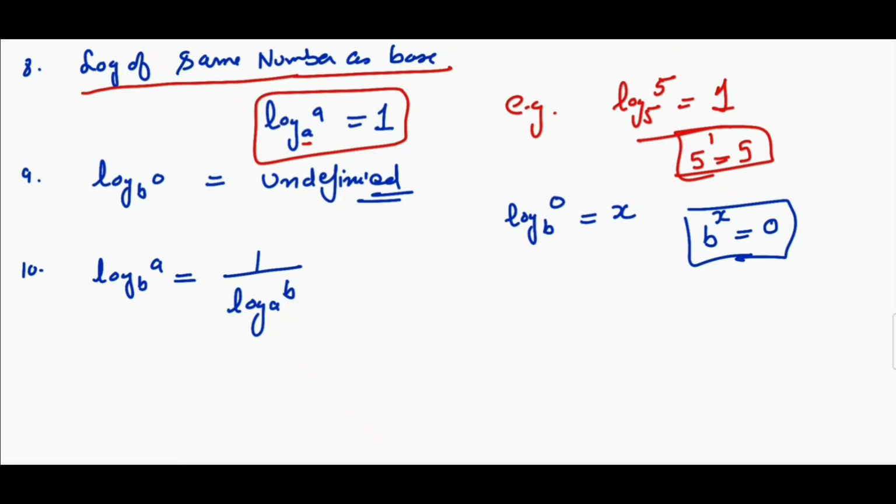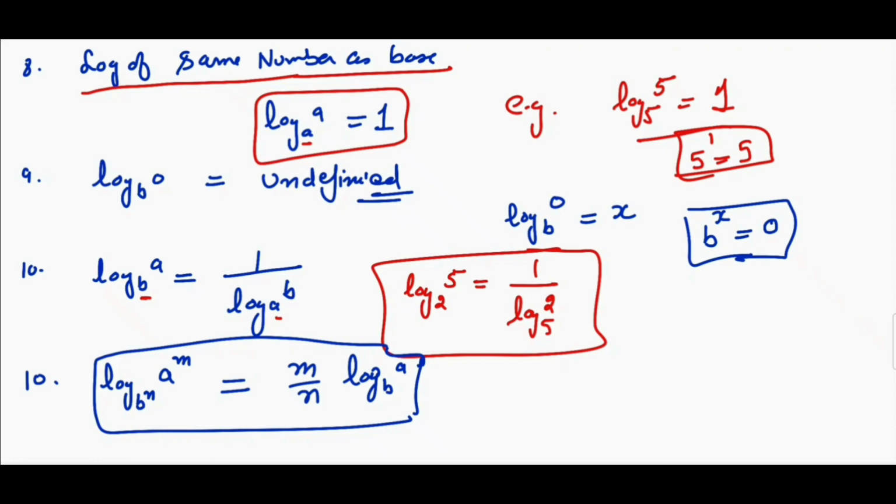We have the log of a base b is always equal to 1 divided by log of b base a, if we interchange these two numbers. So we can say the log of 5 base 2 is always equal to 1 divided by log of 2 base 5.